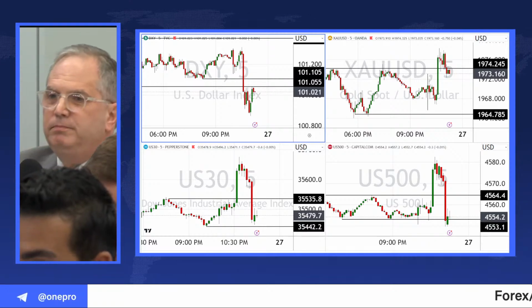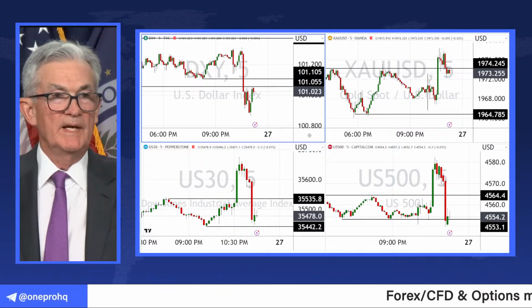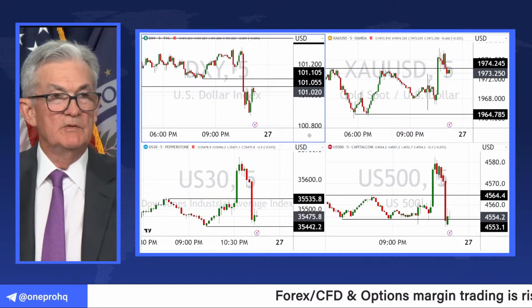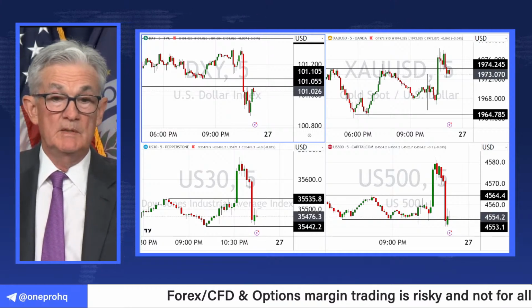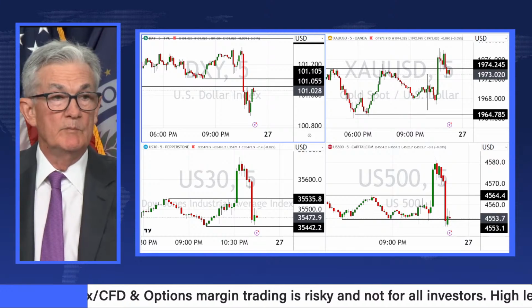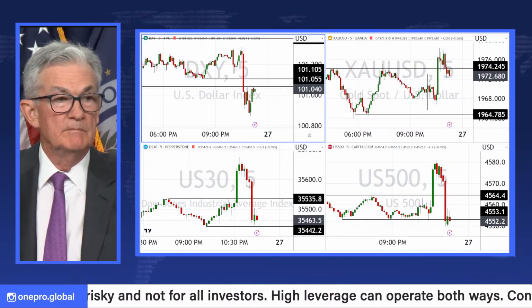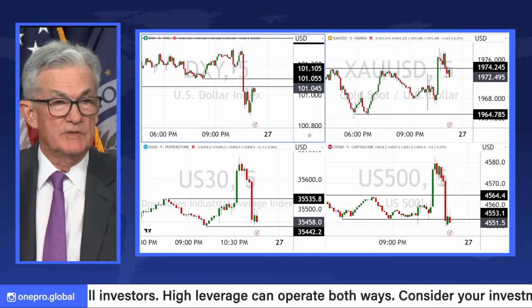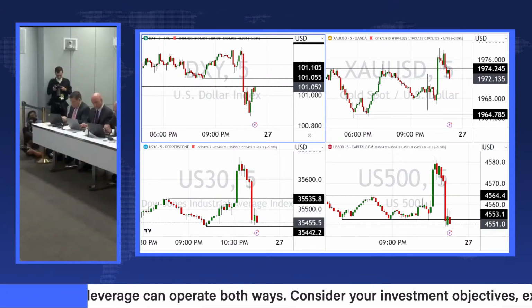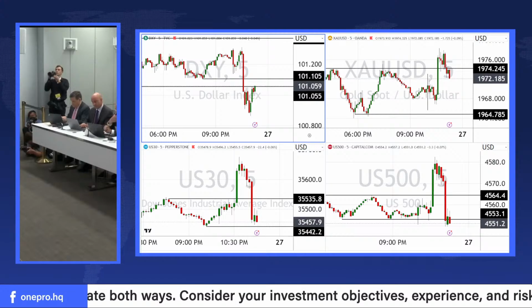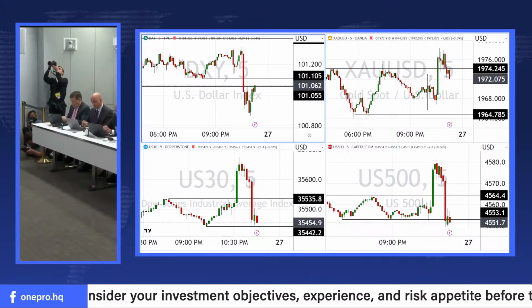What's your sense? I think we've got a ways to go to get back to balance, really for the reasons that you talked about. With existing homes, there are many people who have low-rate mortgages, and whereas they might want to sell in a normal situation, they're not going to because they have so much value in their mortgage, which means that supply of existing homes is really tight, which is keeping prices up.